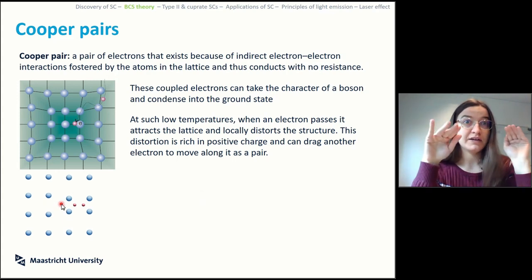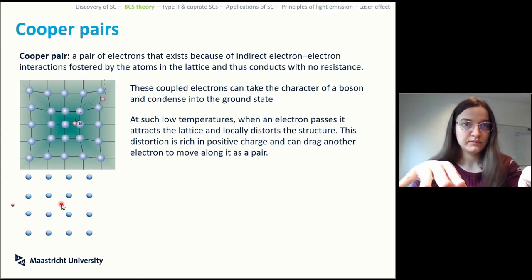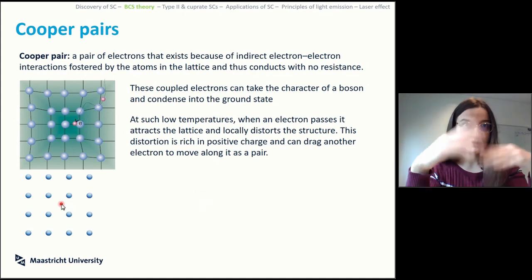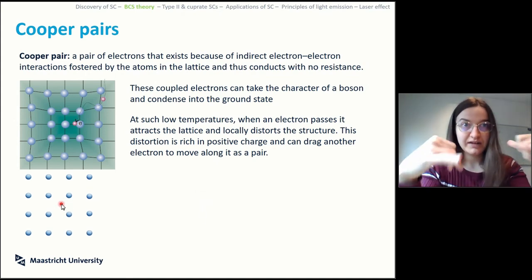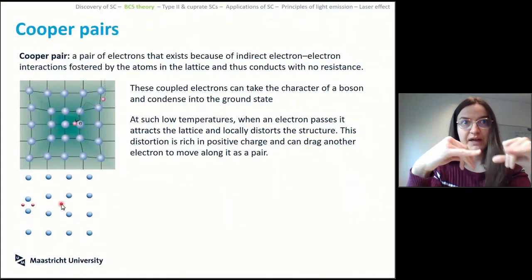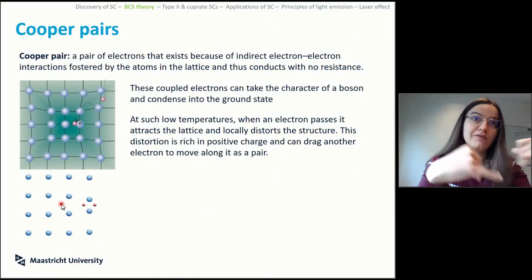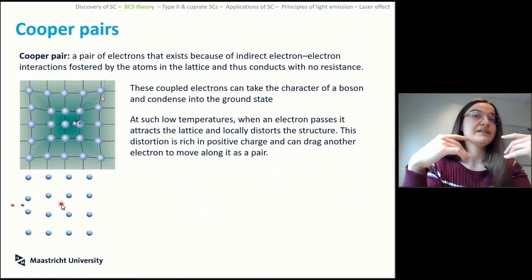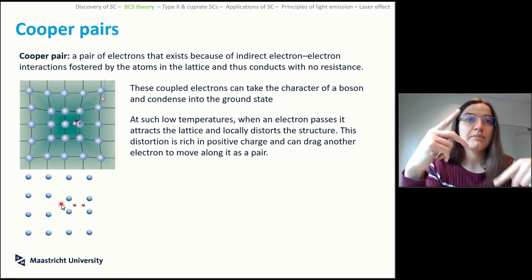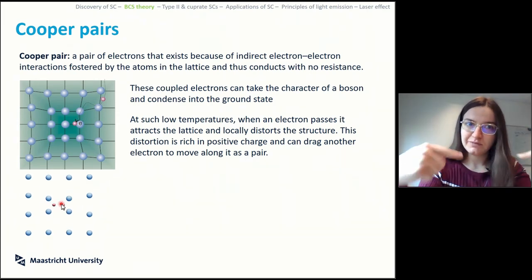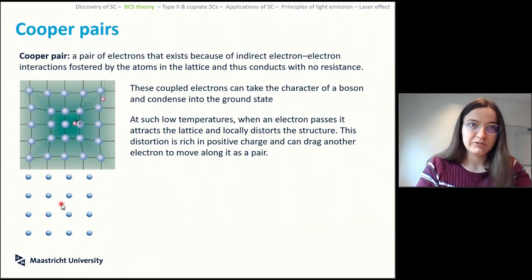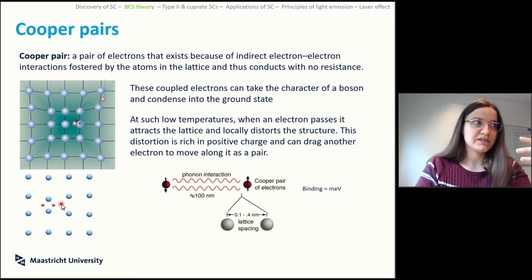So when you manage to move the phonons around in a way that is coupled with the motion of the electrons, you can create a Cooper pair. And the Cooper pair is this pair of electrons that travel together. Since they travel together in a way that is coupled with the lattice vibration, not independent of the lattice vibration, they do not encounter any type of resistivity.